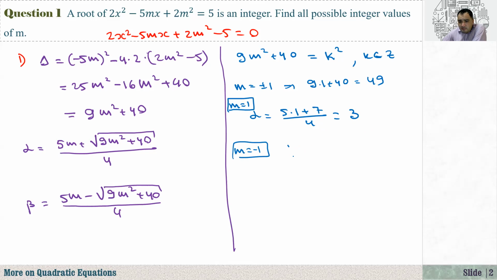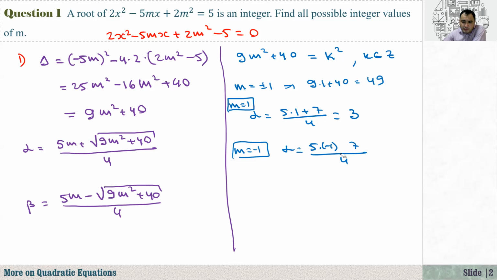Here we have alpha again. Alpha will be equal to 5 times negative 1 plus 7 over 4, that's minus 5 plus 7, that's equal to 2 over 4, which is not an integer.